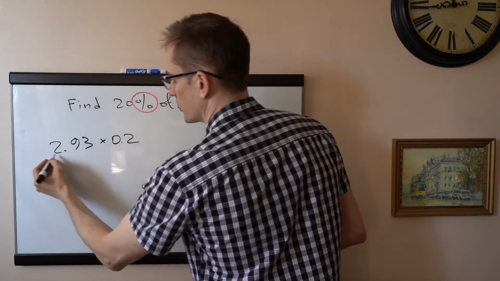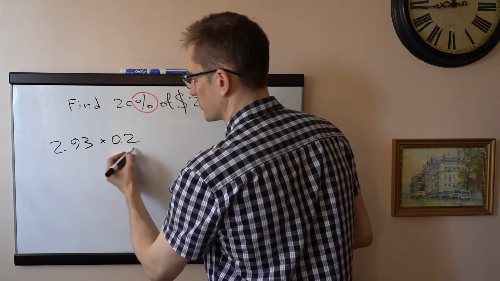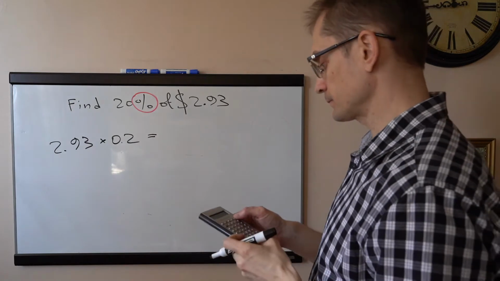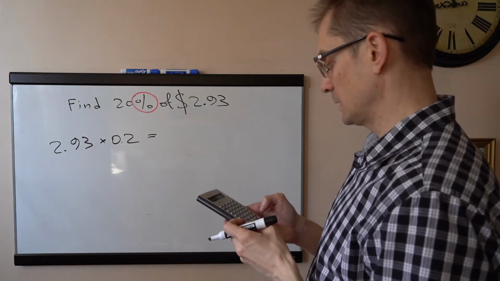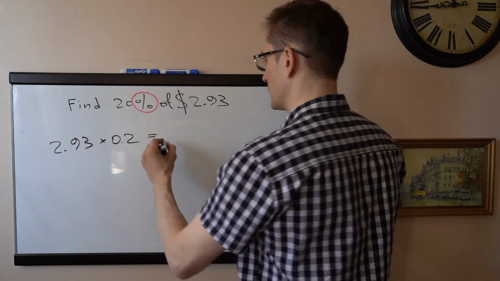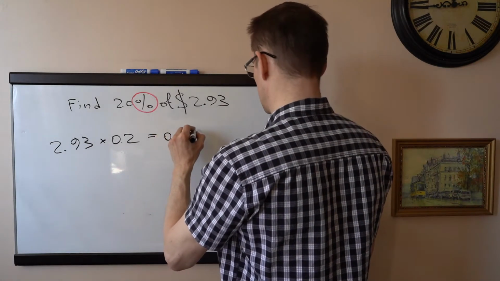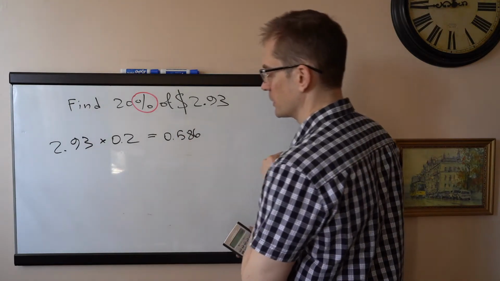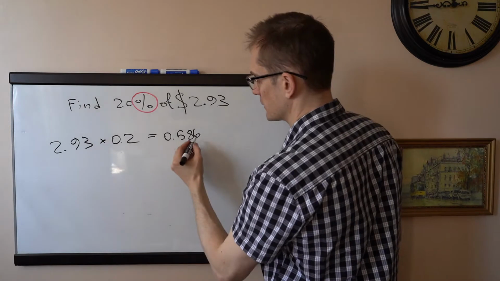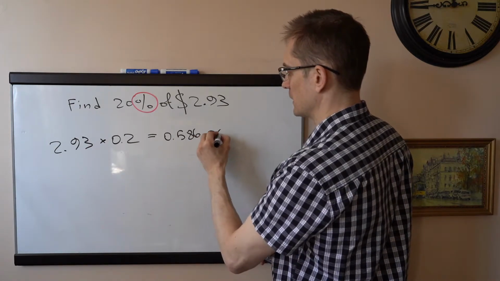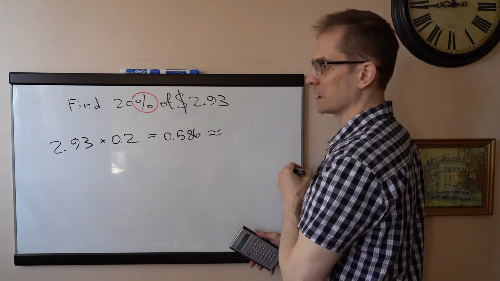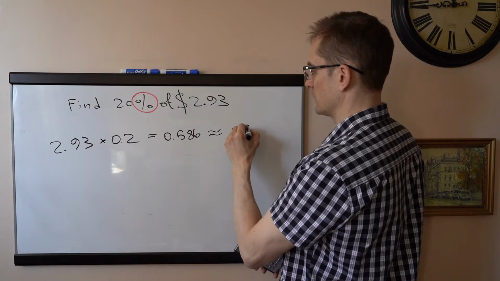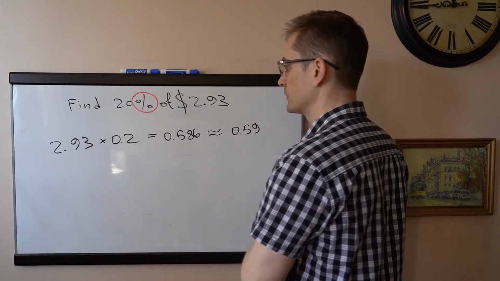So I have the number of ones, 2.93 ones, and I multiply by the rate per one, and I will be getting my result. So 2.93 times 0.2 is 0.586, which is my answer. Because we're talking here about amounts in dollars, 0.586 is rounded, so this curly equal sign I will be using for rounding, to 0.59, 59 cents.